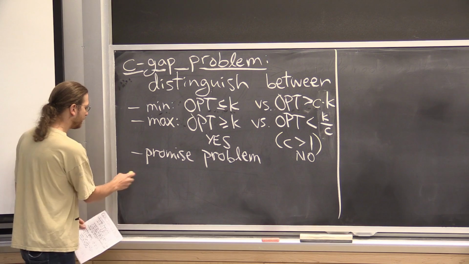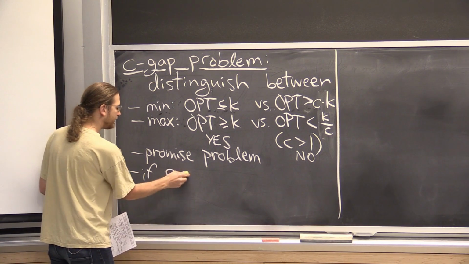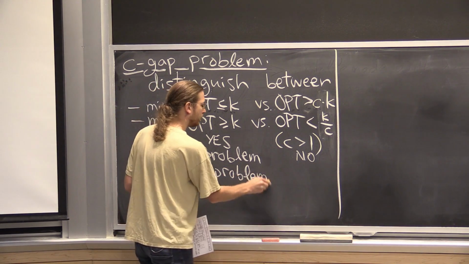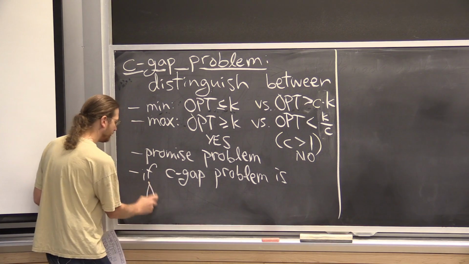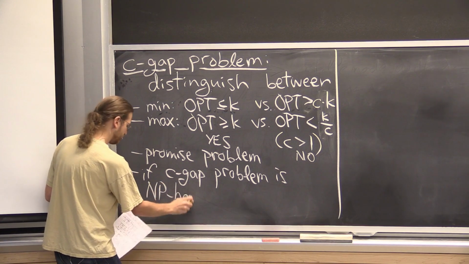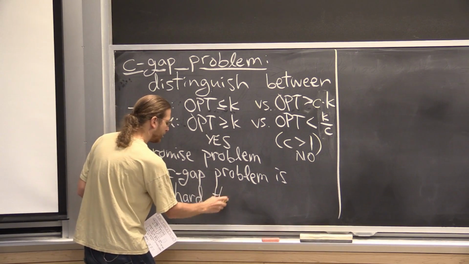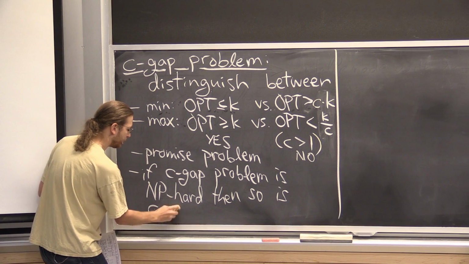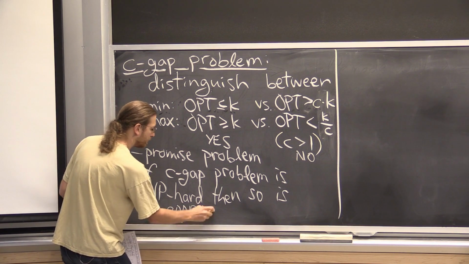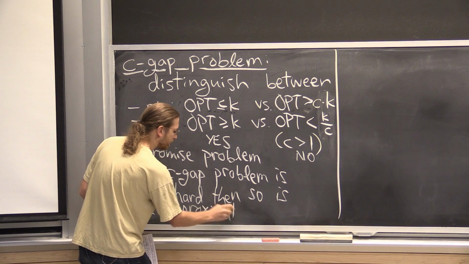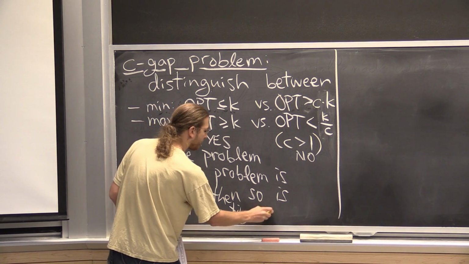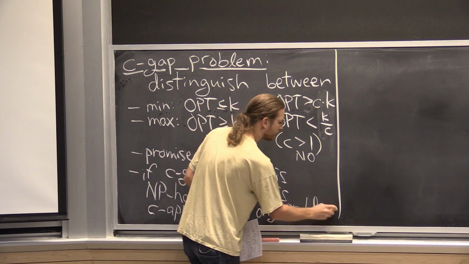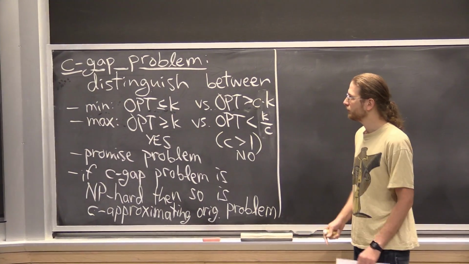And the cool thing is, if the c-gap version of a problem is NP hard, then so is c-approximating your original problem. Okay, so this really is in direct analogy to c-approximation.